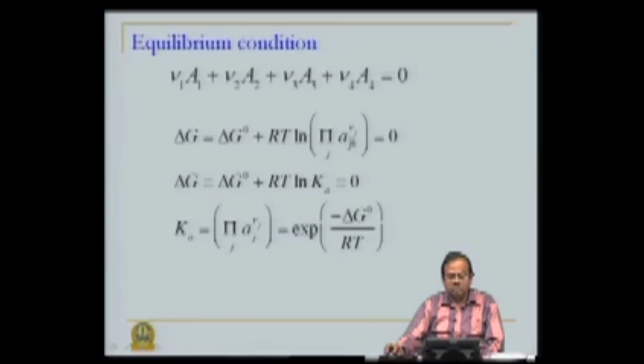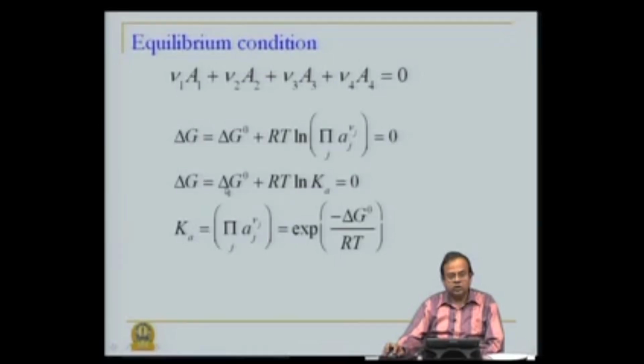This free energy change at equilibrium must be 0. So, delta G at equilibrium is 0. This is my condition, and I express this product of A j raised to nu j as a constant, the equilibrium constant K A.